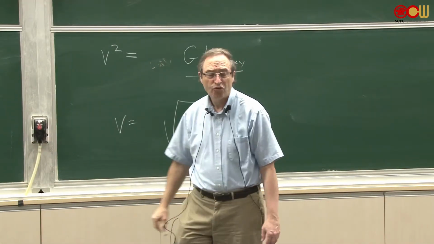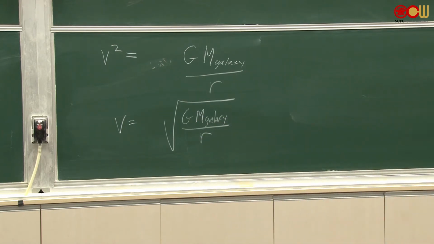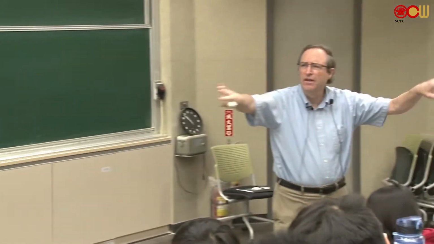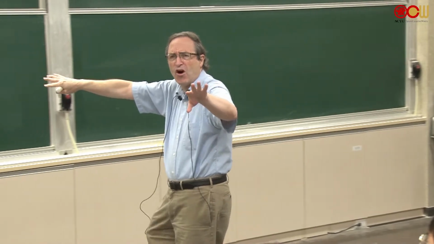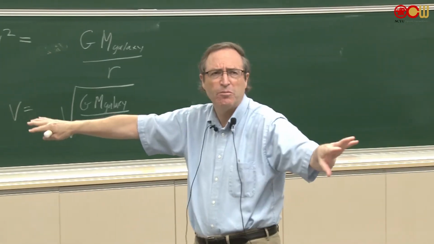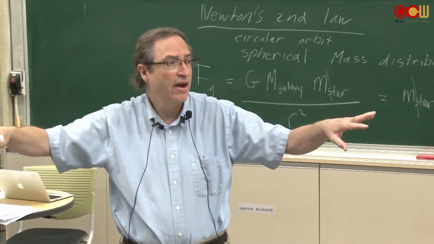All right. So what this means is that if we look at stars that are kind of near the edge of the galaxy, or even, there are a few stars that are actually a little bit far away from all the visible mass or most of the visible mass of the galaxy, right?